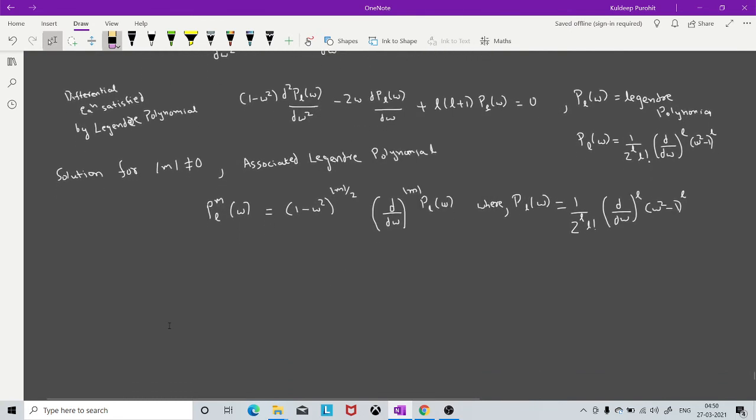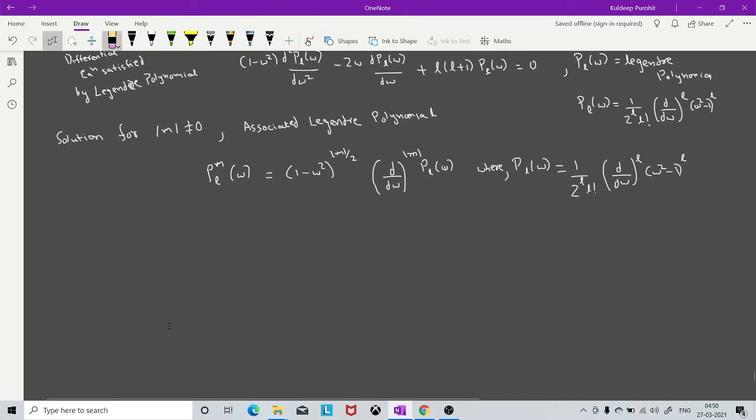So how will these values look like? If you see the first few values of Legendre polynomials, not associated Legendre polynomials, then the first few values of Legendre polynomials are given as: P0 of omega is equal to 1, P1 of omega is equal to omega, P2 of omega is equal to 1 by 2 times 3 omega square minus 1, and so on.